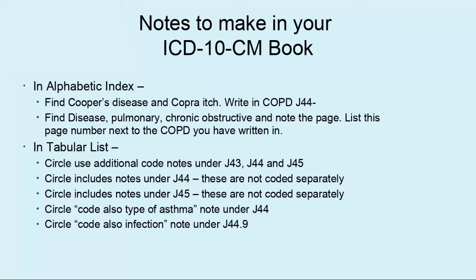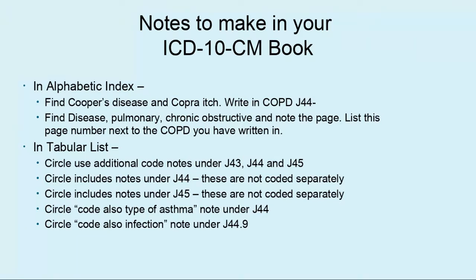Write COPD J44. And then you could go into disease, pulmonary, chronic, but this is a lot easier if it's just under COPD. Now you might also want to find disease, pulmonary, chronic, obstructive, and note the page. And then go back to where you wrote in COPD and say, see page such and such, and that will save you a lot of time, okay?